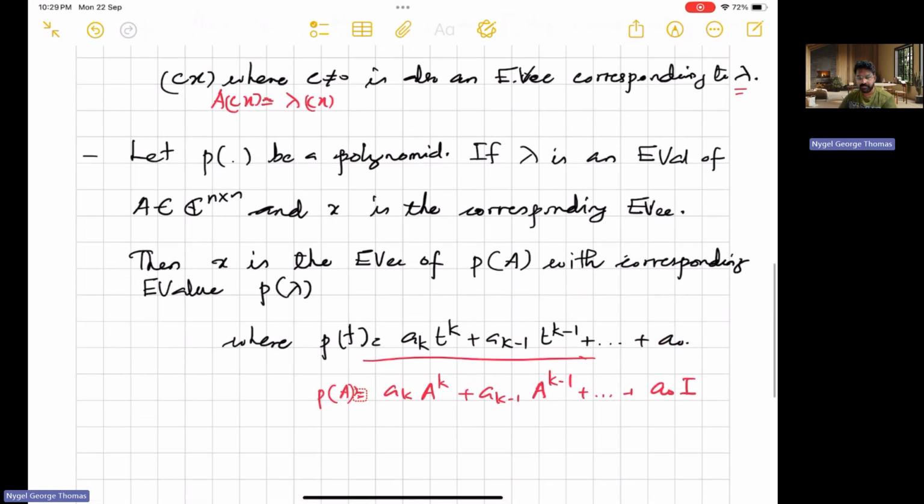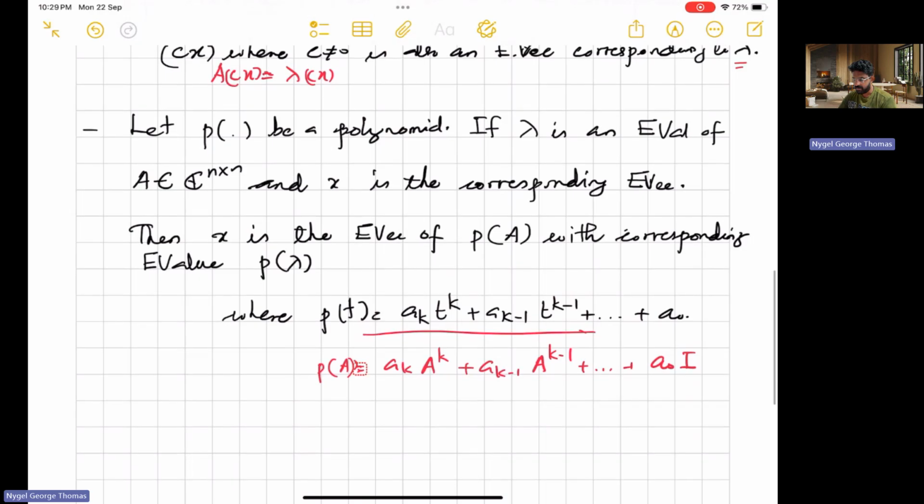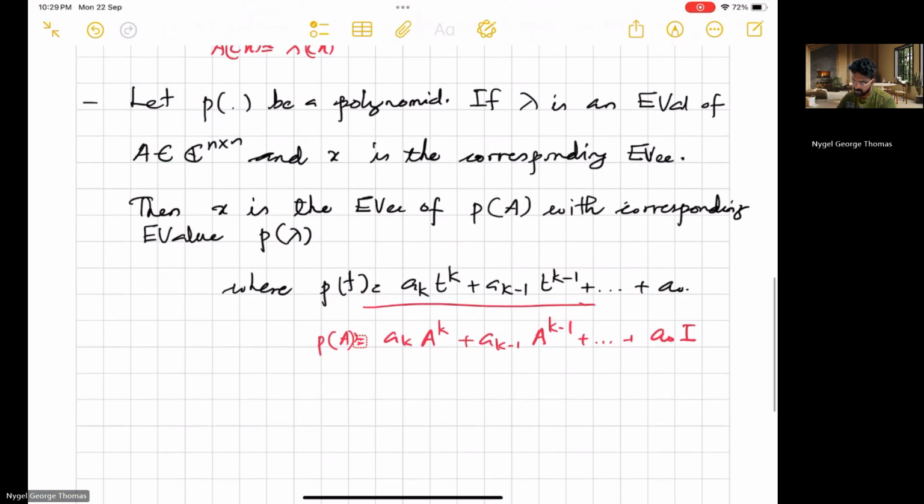In that case, let lambda be an eigenvalue of A with corresponding eigenvector x. What is the eigenvalue of p of A?